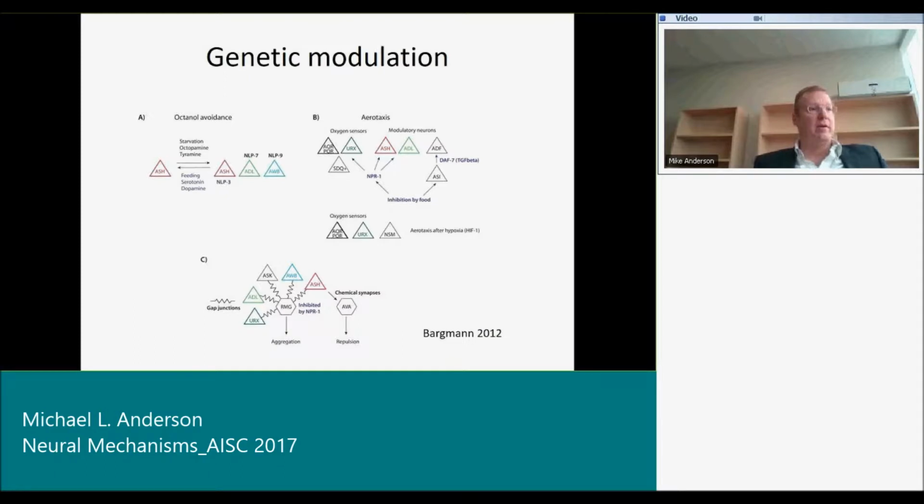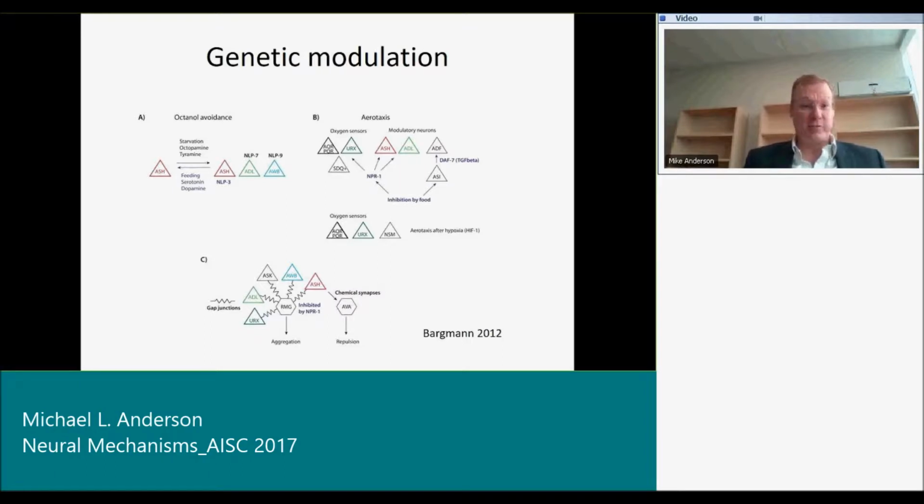So here's a slide that'll come back, orienting you to this. This is a study of individual neurons and the networks they participate in in C. elegans, the soil nematode that we have a complete neural mapping of.